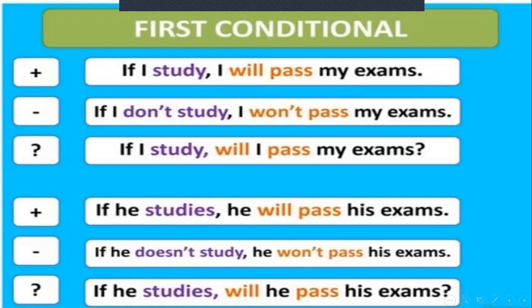Here we begin with the subject plus will plus the verb in infinitive. If I want to make it a question, I only begin with will plus the subject. Here we say I will, but here we say will I. If I study, will I pass my exams?